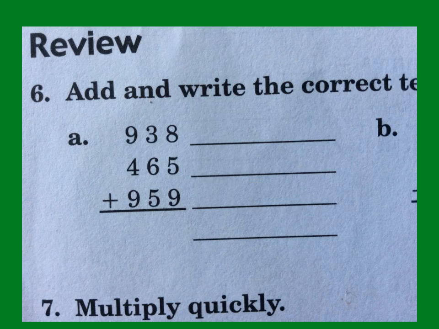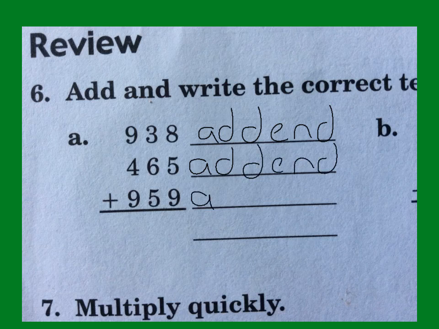In number 6, it says add and write the correct term besides each number. So in a minute, I'm going to let you add this on your own, but before you do that, I'm going to show you what you need to write in the blanks. When you have an addition problem, these are all called your add-ins. That's an add-in. That's an add-in. And that's an add-in.